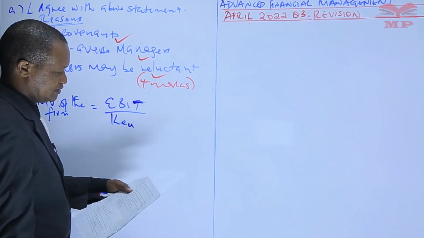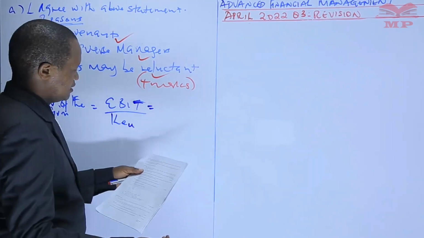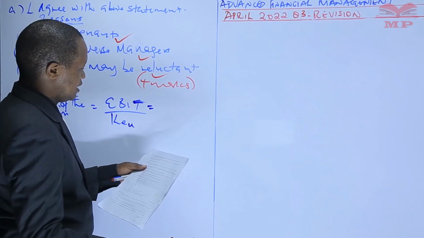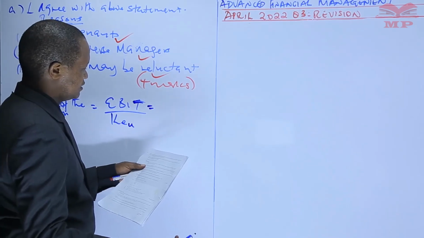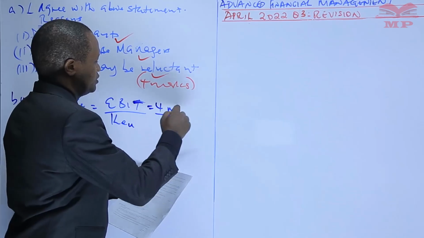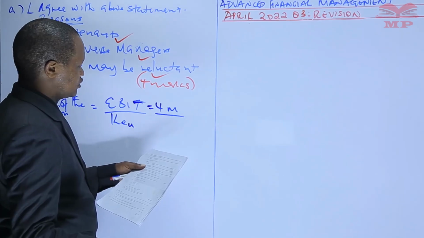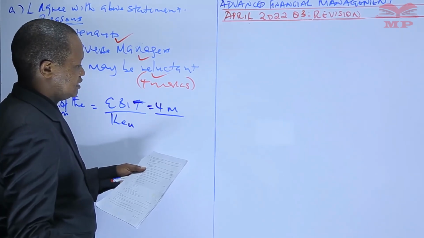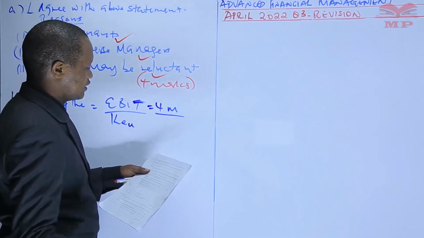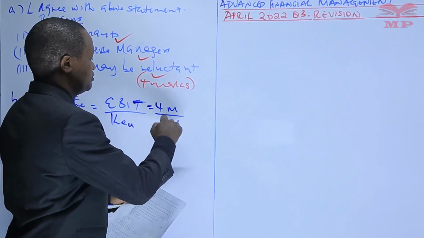And therefore, the earnings before interest and tax is 4 million. The cost of equity is equal to the required rate of return, which is 16%, 0.16.